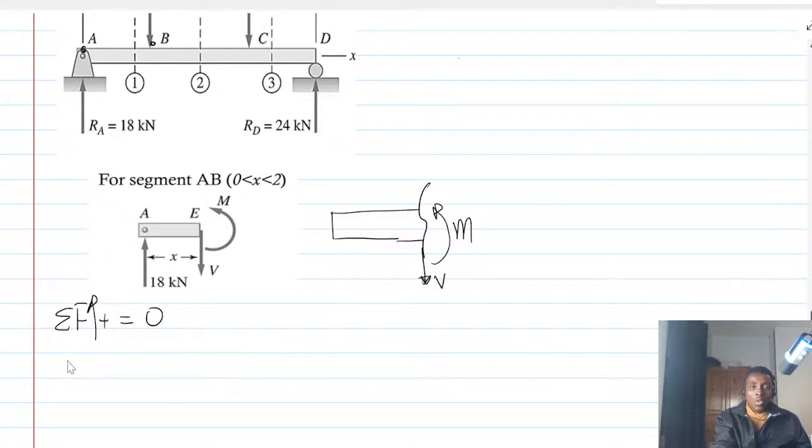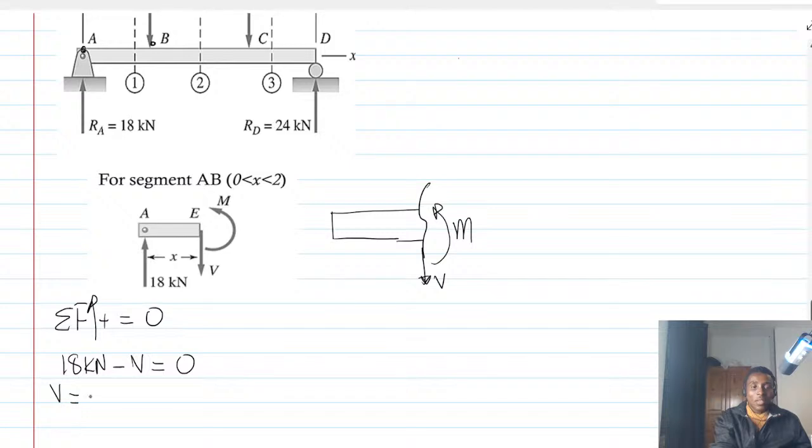So what forces do you see? 18 kilonewton minus V, because don't forget that V is coming down, should be 0.